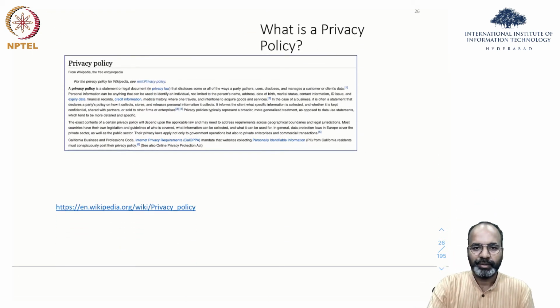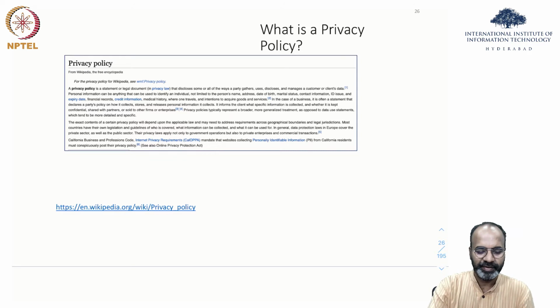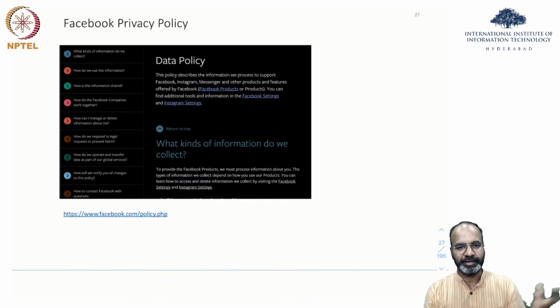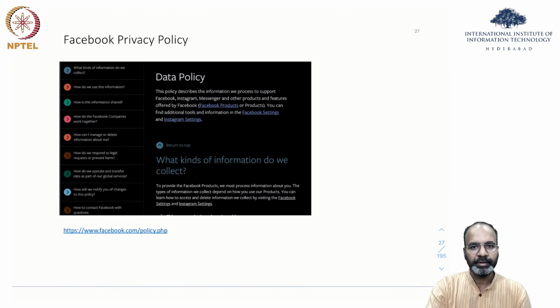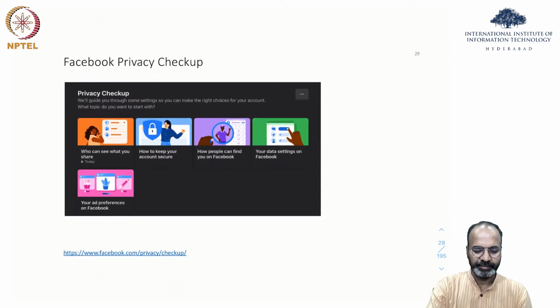We also spent a lot of time in week 2 on privacy policies, right? We went through the privacy policies of Facebook, Twitter and everything, but the expectation of privacy policies is that they tell us how the company is using the data that they're collecting from us, and how they're protecting it, all the safeguards that we discussed until now. Facebook's privacy policy is here. Facebook's privacy settings, privacy checkup.